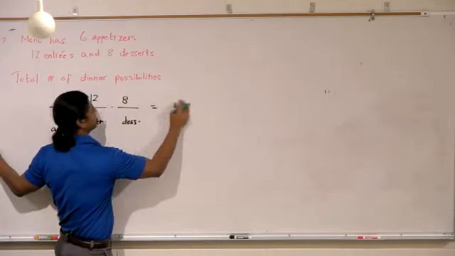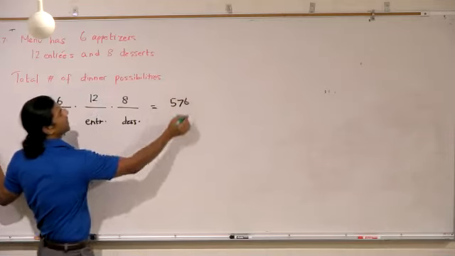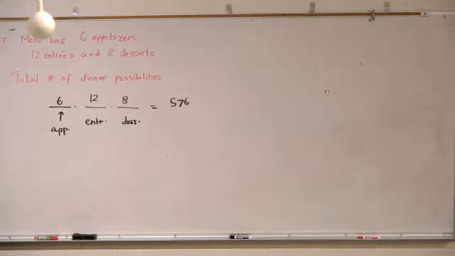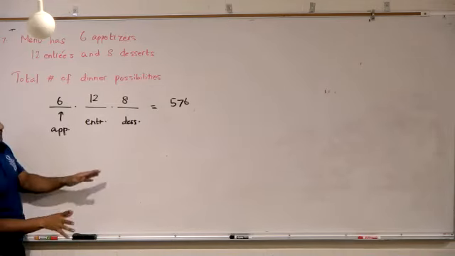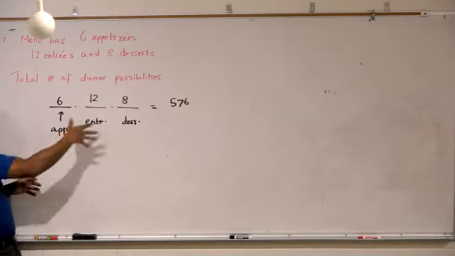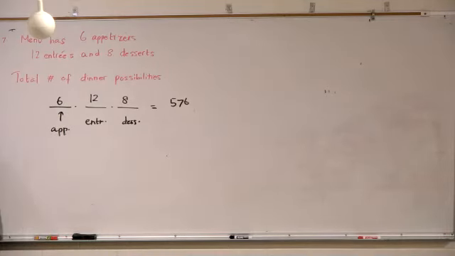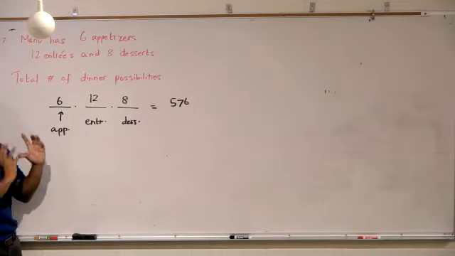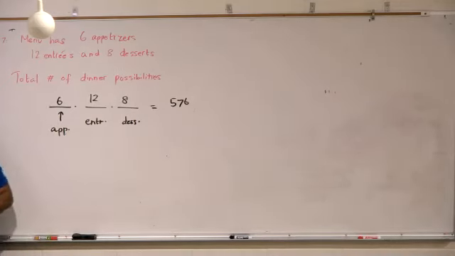If you multiply them all together, you will get 576 possible ways. Does that make sense? So our objective is to come up with the total number of possible ways and then the number of possible ways for a specific event without even writing them down. So that's the goal, and that's why we are doing counting.